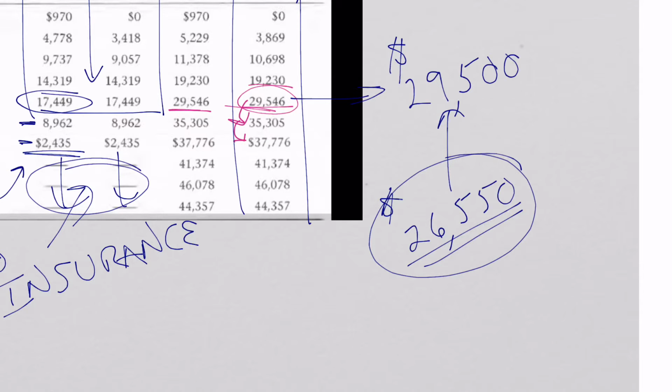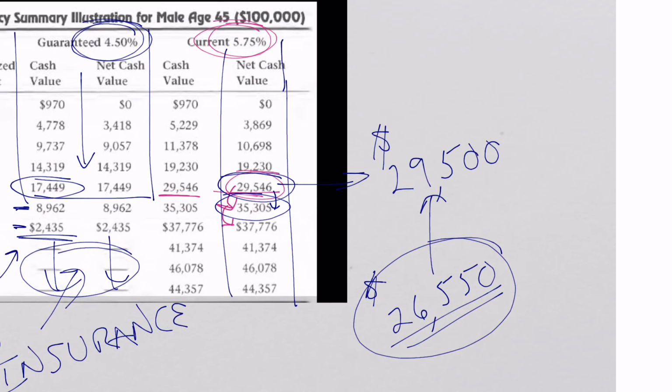Now, when that happens, since you borrowed, the plan itself continues to earn money as if it was $29,546, and so it will go up, but you have to pay back interest. So if the incremental amount here is enough to pay the interest charge, your cash buildup will be less because it's paying the interest, but the interest is actually coming out of the cash buildup.